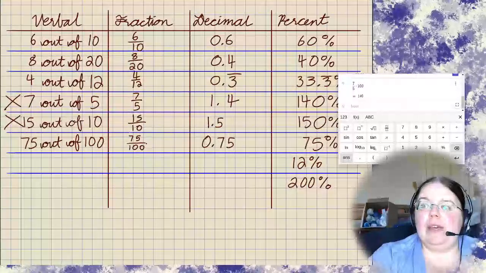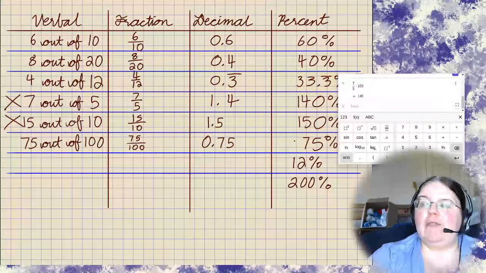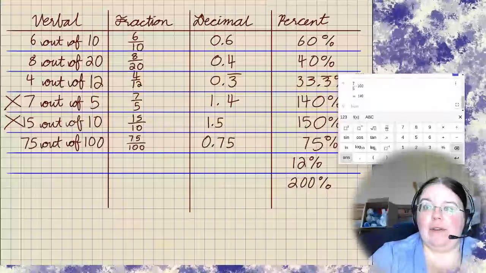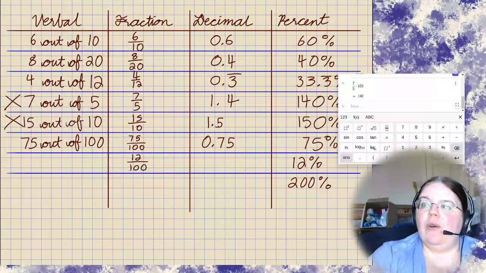Now another thing we can notice is the hundredths. Like here we had 75/100ths is the same as 75%. So when we get 12% here as our next prompt, we can say, okay, that 12% is just 12/100ths, or we can express that in decimal form by moving the decimal point 2 places and putting it as 0.12.